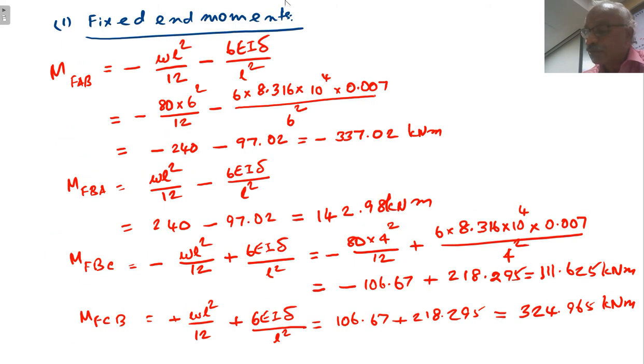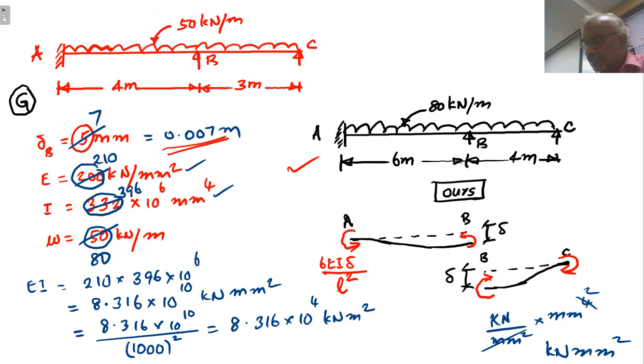And before that, the length of BA. A is fixed. Therefore, the relative stiffness is I by L. I is uniform, L is 6 meters. For the member BC, L equal to 4 meters. Far end is simply supported. So for the member BA, it will be I by L. For the member BC, it is 3/4 of I by L. This you have to remember every time, we need not see the figure.